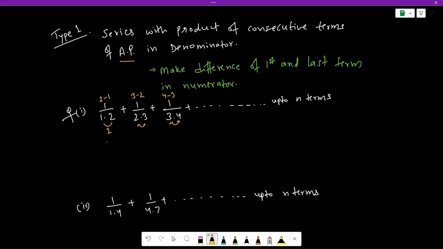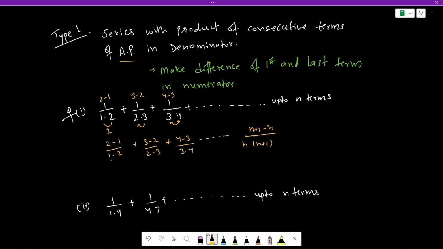So this will become (2 minus 1) by 1 into 2 plus (3 minus 2) by 2 into 3 plus (4 minus 3) by 3 into 4 and so on up to the last term, which will be 1 by n into n plus 1. So we will write 1 as n plus 1 minus n.